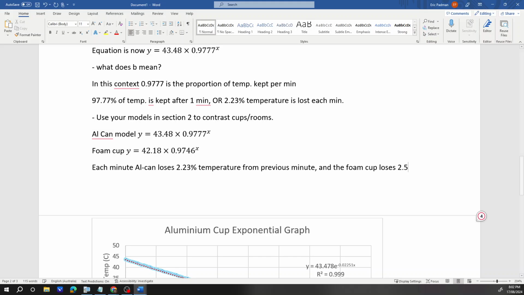Trust me on this, or check for yourself by all means. But you see this one's losing more because this is a slightly smaller number.